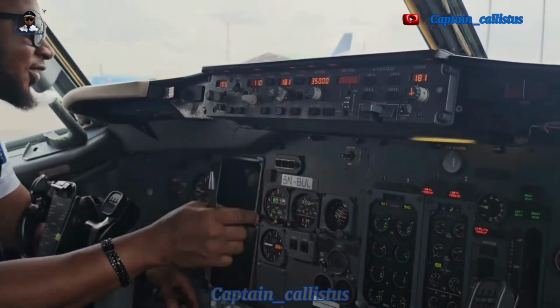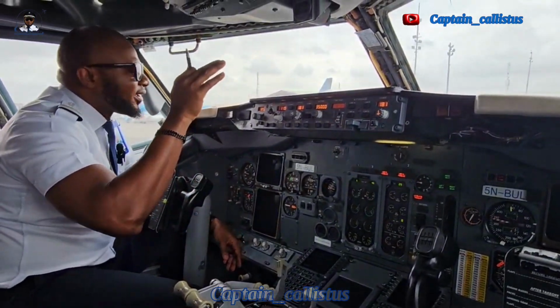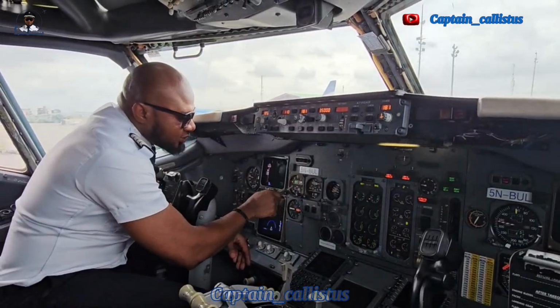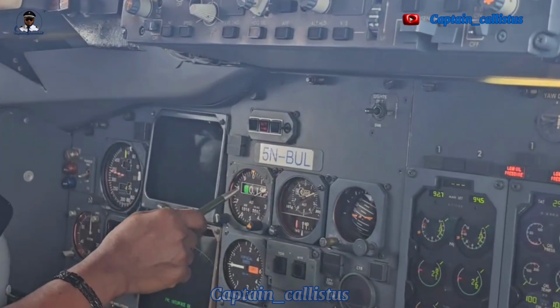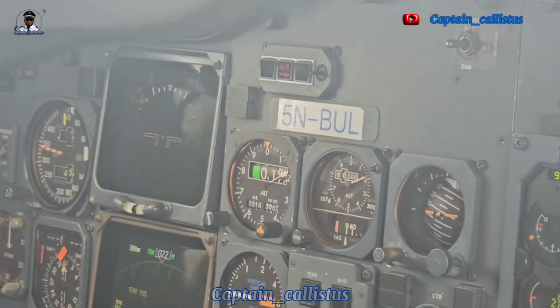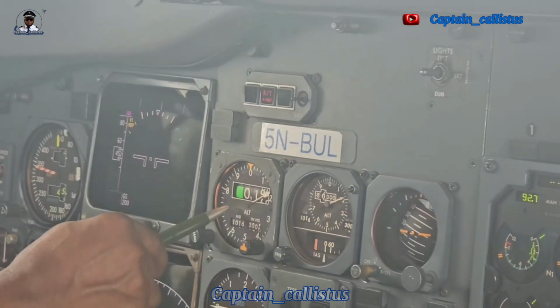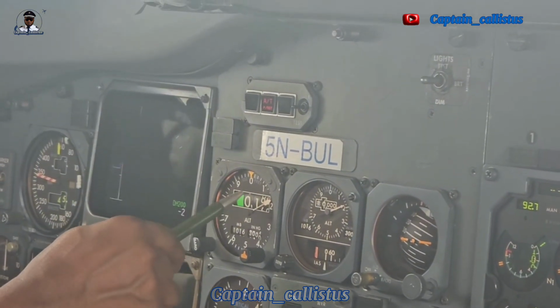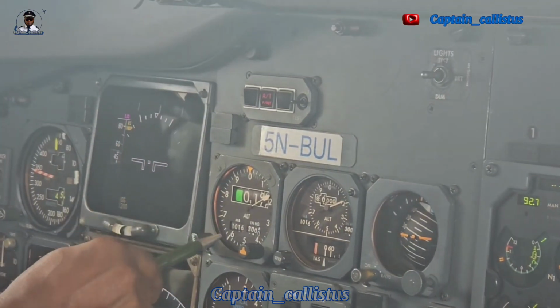So when you don set am for here, go level change, you dey climb, climb. As you dey climb, na so this needle go dey turn, dey climb, dey go. As e dey turn, this place dey green. Why e dey green? Because we dey less than 10,000 feet. By the time we dey 10,000 feet, you go just do one go come here, the other thing go dey here. This side na thousands, this side na 100. Na im dey for inside here.